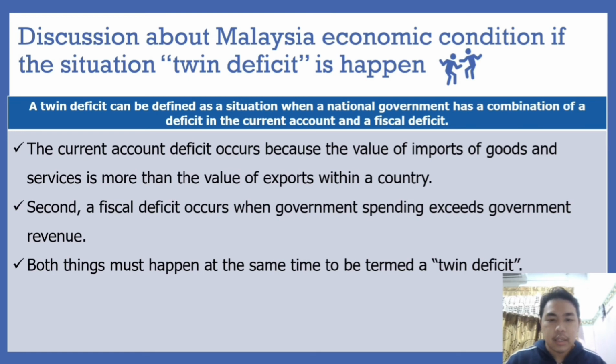It can mean the country's government is spending more money than it is generating. Both of these things must happen at the same time to be termed a twin deficit. It also can be called a double deficit. Over the long term, it may cause the nation's currency to devalue.